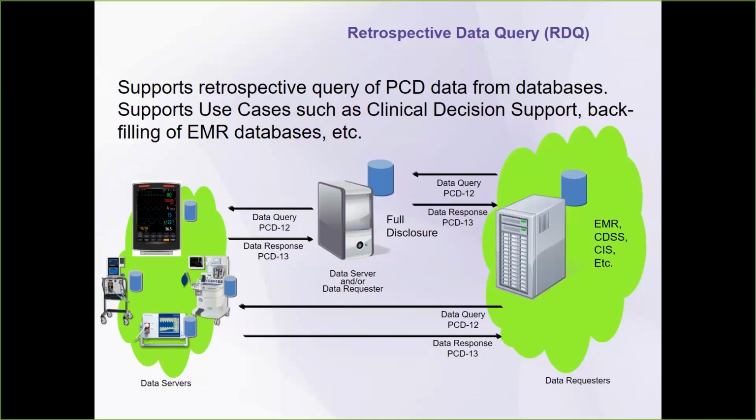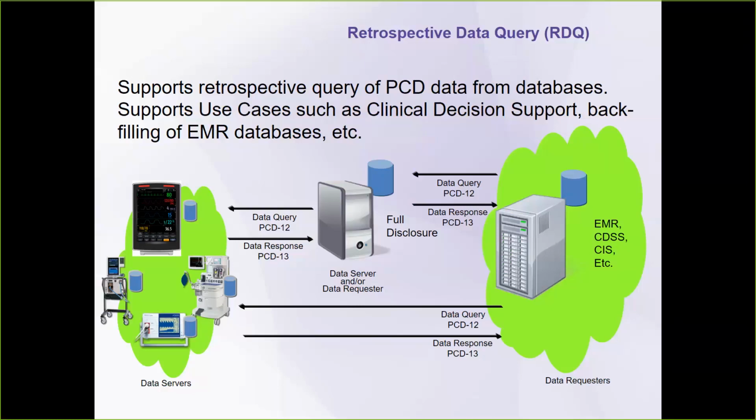So, if the device that was being used and capturing the information only sent its data for storage, it would not be able to be called back at any point in time for usage for any of the systems that require it.